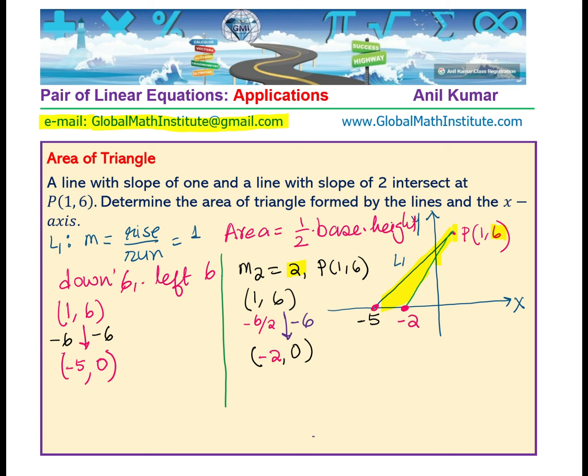So from the slope and the point itself, we can directly find the x-intercepts. We could have found the y-intercept in the same fashion. The y-intercept is a point where the x value will be 0, right?